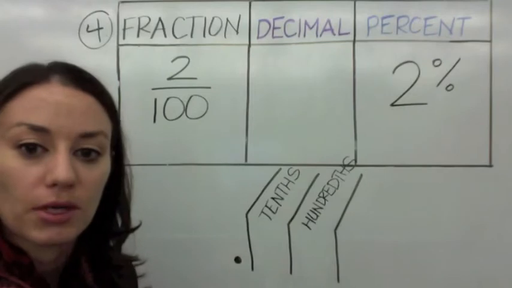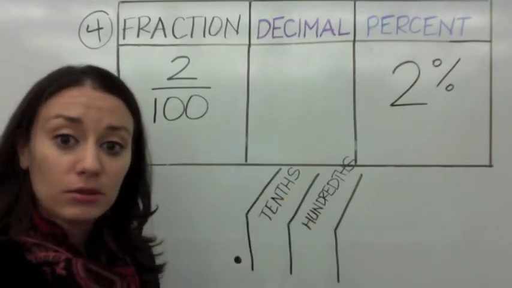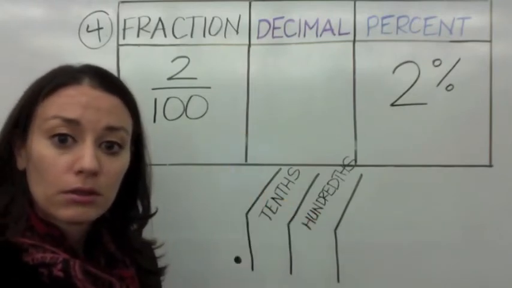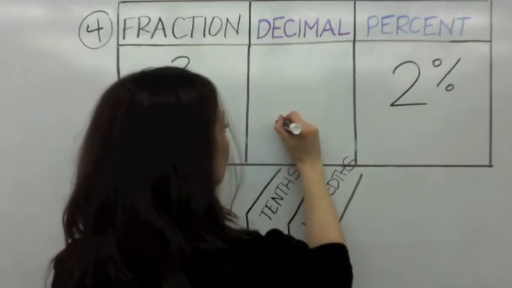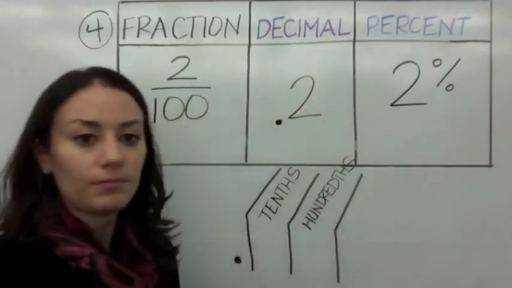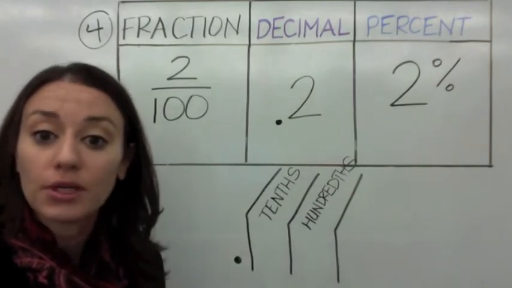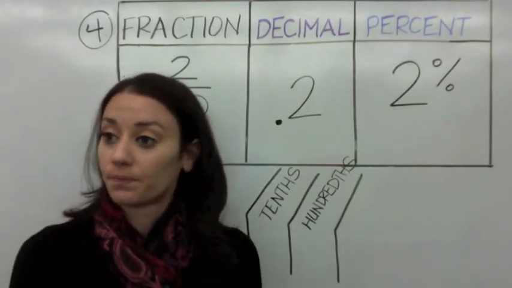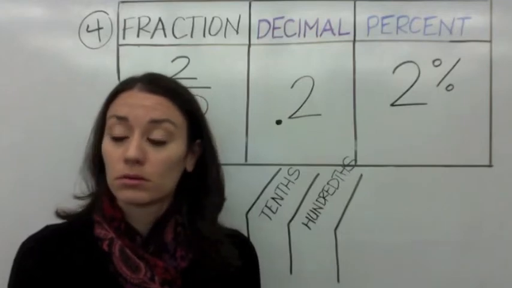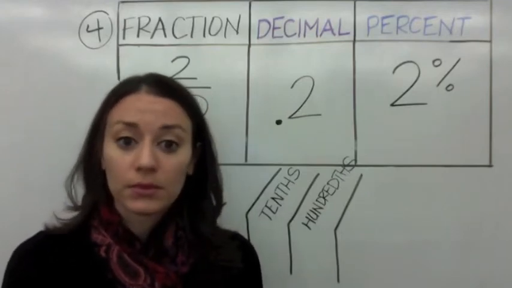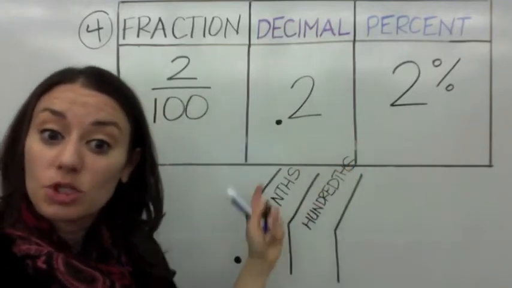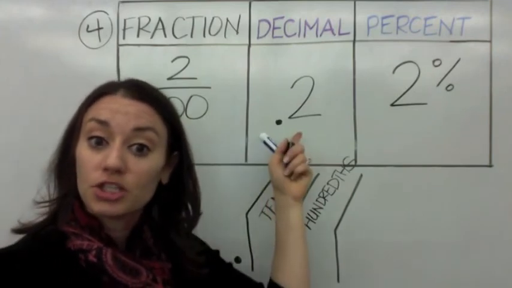2% is actually 2/100ths. But how do you write that as a decimal? Do you write it as 0.2? Is that 2%? Is that 2/100ths? Yes or no? No? Why not? Because this is in the which place? Tenths place. So this is really 2/10ths.